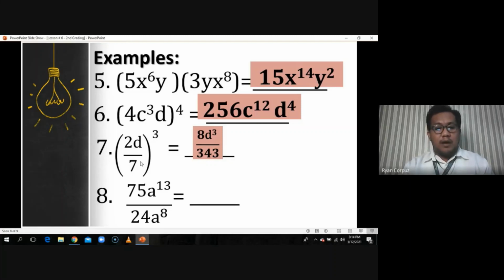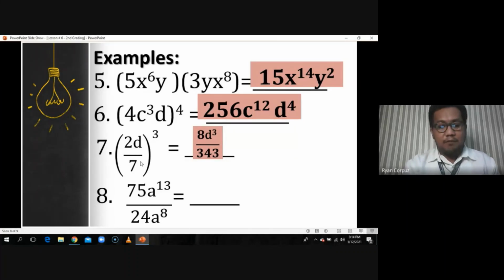So both 75 and 24 are divisible by 3. So yung GCF nila ay 3. So ganun yung gagawin when it comes to the numerical part. But if it's exactly divisible, then just simply divide it. So 75 divided by 3, that would be 25. Then 24 divided by 3, that would be 8. So meron kang 25 over 8 na.